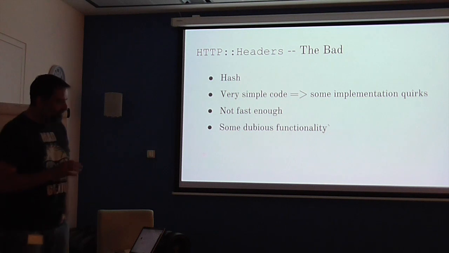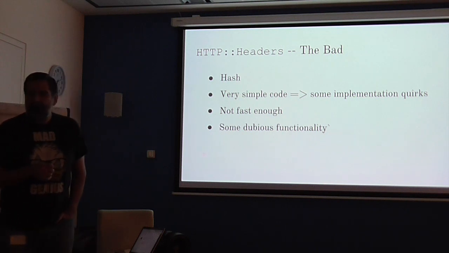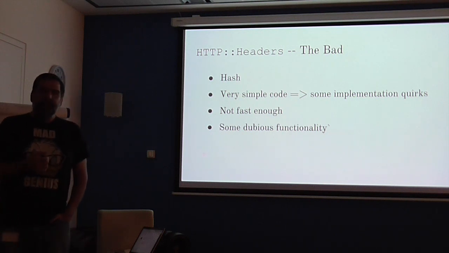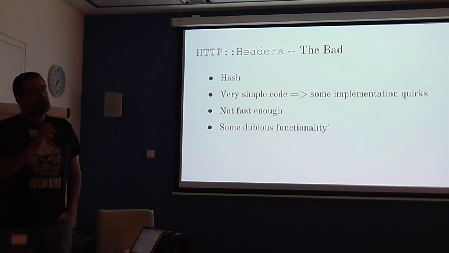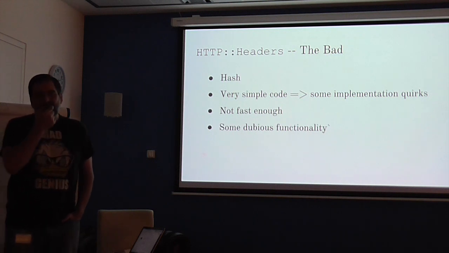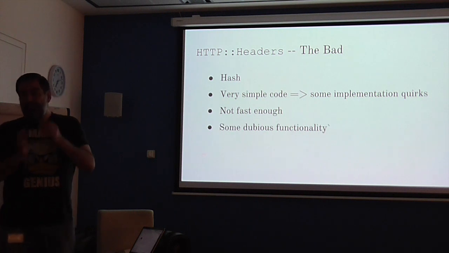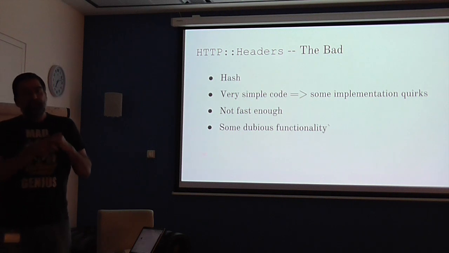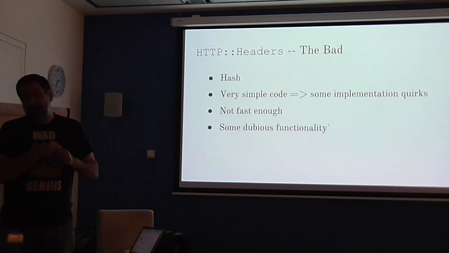And there's also some stuff in there that you wonder, why is this in here? I'm going to give you just one example. Header names are normalized so that the first letter is uppercase and the rest is lowercase. But you could start a header name with a colon character and it'll take it as is with no normalization.